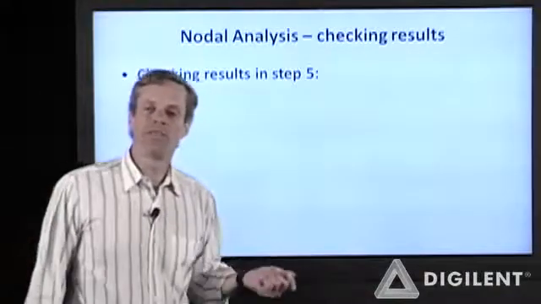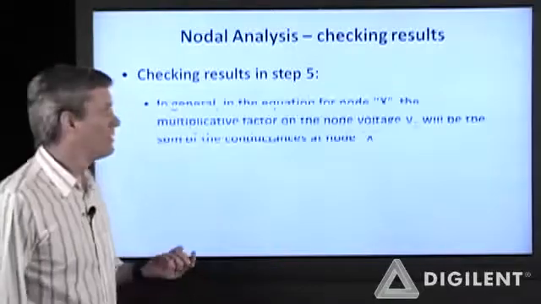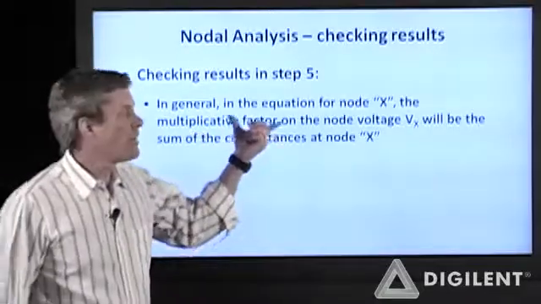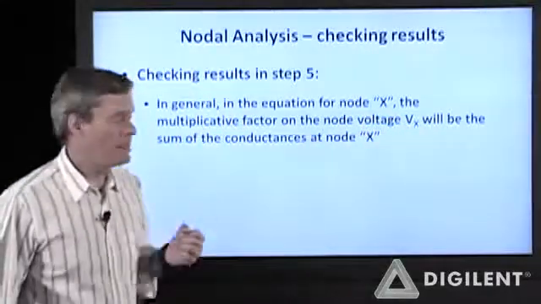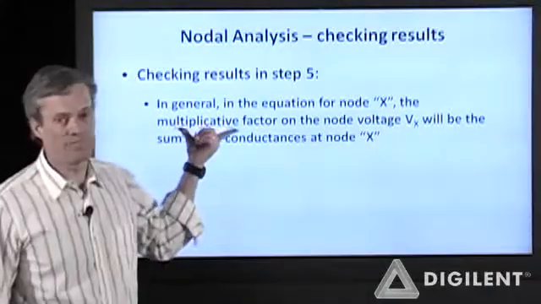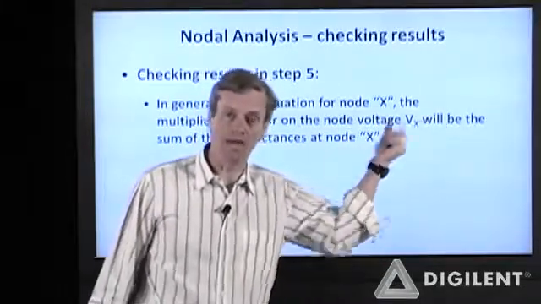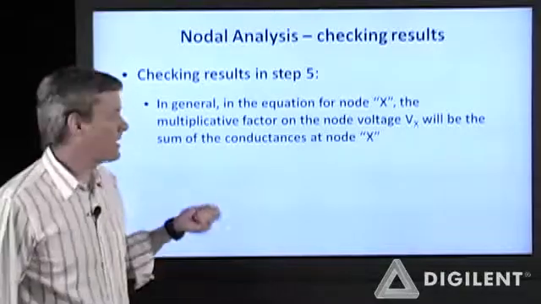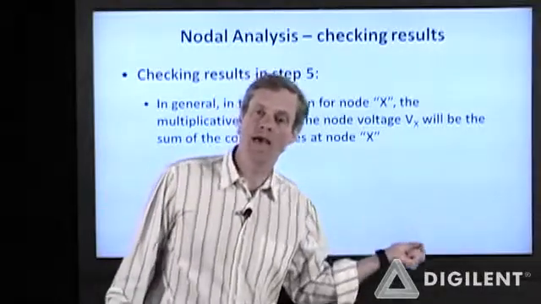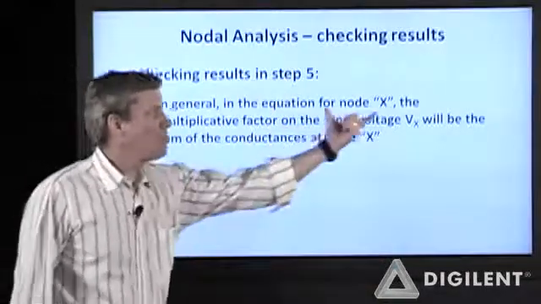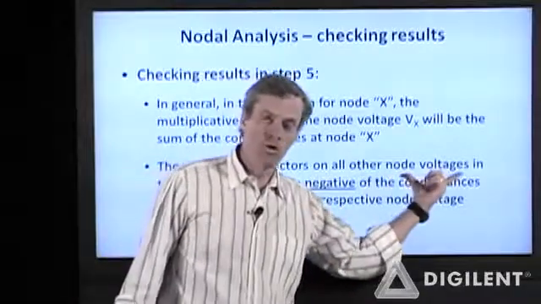These checks make sure that you didn't make some kind of silly mistake when you were setting up your equations. In general, if you have an equation for node X, you will have some multiplicative factor on the node voltage for that node, V sub X. That multiplicative factor will be the sum of all the conductances connected to node X. Likewise, in the equation for node X, you may have other node voltages.